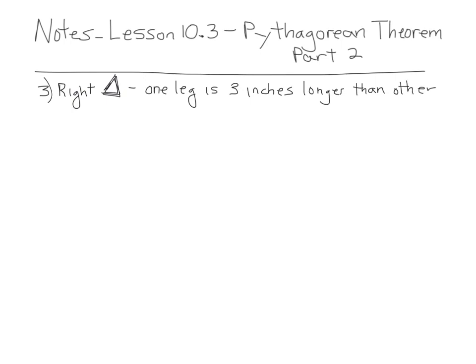One leg is 3 inches longer, and let's say you know the hypotenuse. And the hypotenuse is 15 inches. And let's say you're being asked to find the lengths of the legs. So the leg lengths.